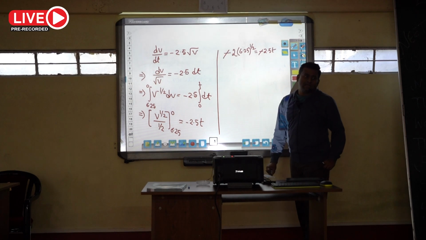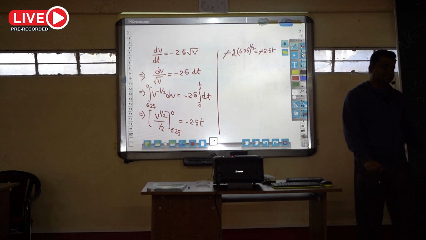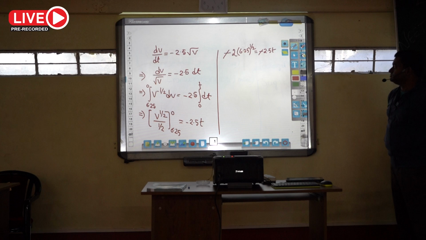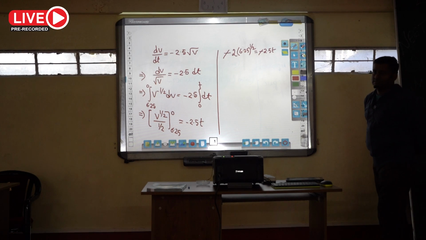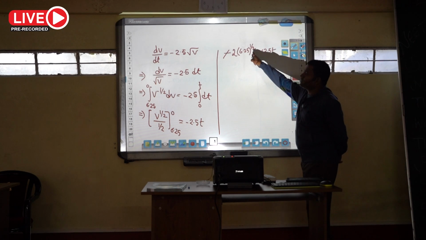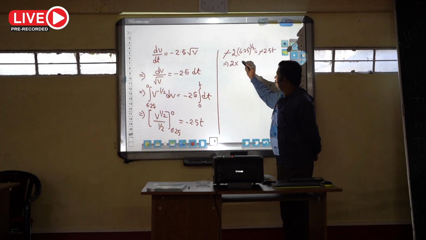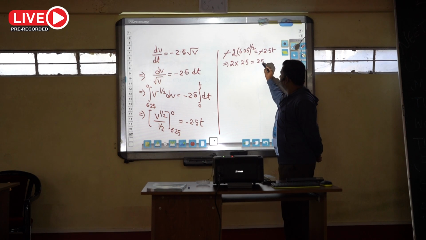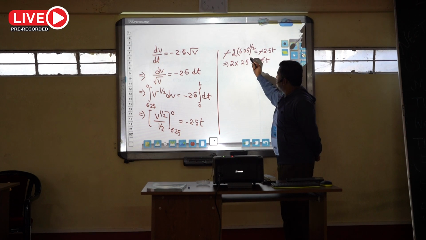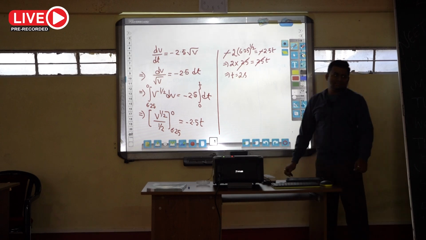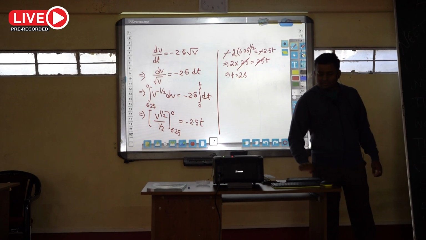Now simplify: the square root of 6.25 is 2.5, so 2 into 2.5 equals 2.5 t. So t will become 2 seconds.